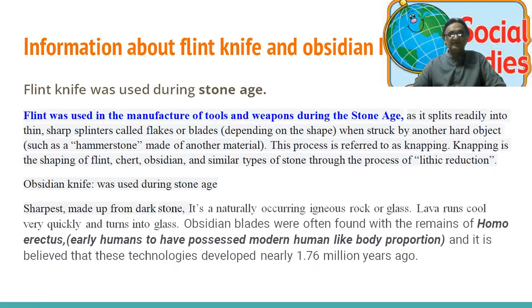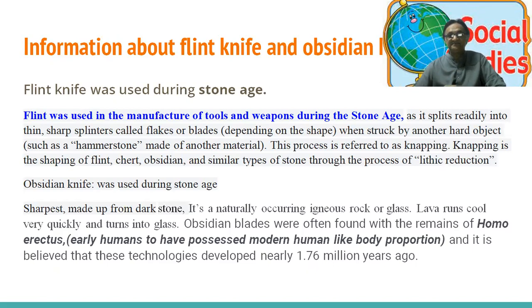Information about the flint knife and obsidian: both are flint. The flint knife was used during the Stone Age, of course. Flint was used in the manufacture of tools and weapons during the Stone Age. These sharp tools were used to prepare other weapons and tools, like cutting wood and bones, and for hunting.